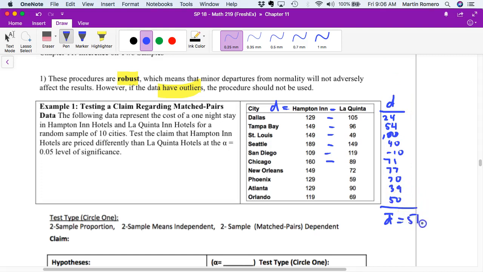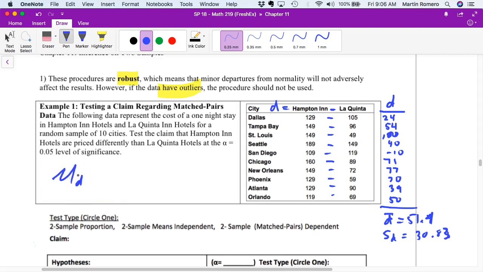In this case, you would get 51.4. Then you get a standard deviation; if you did the math, I'm just telling you what it is right now, 8.3. What we're going to be comparing in our hypothesis test is something called the mean difference.